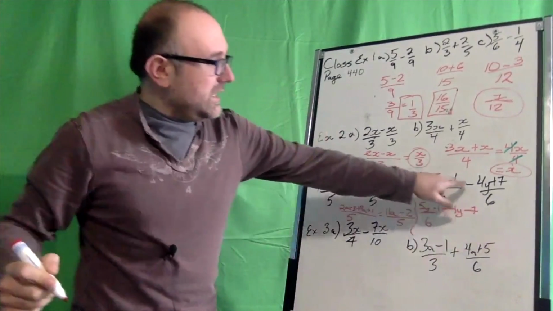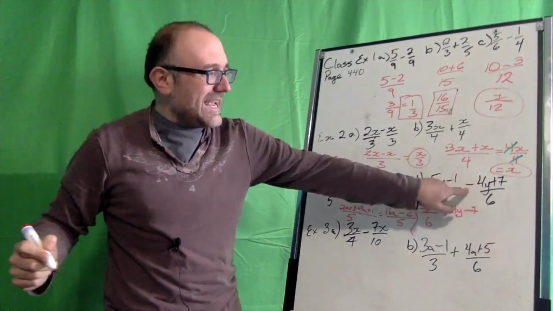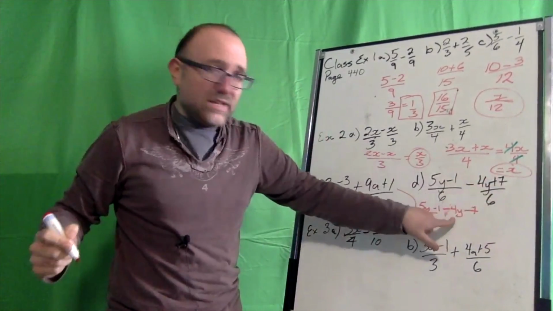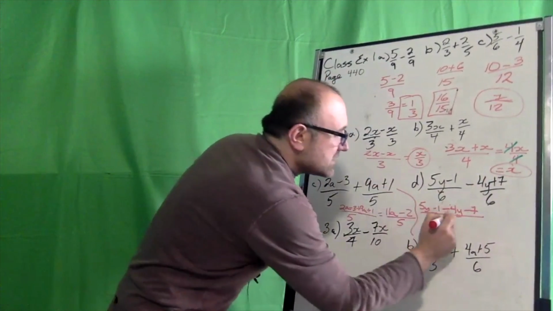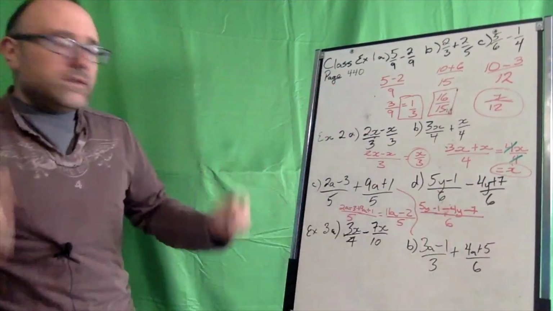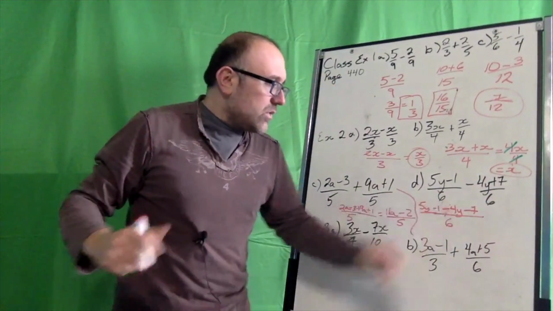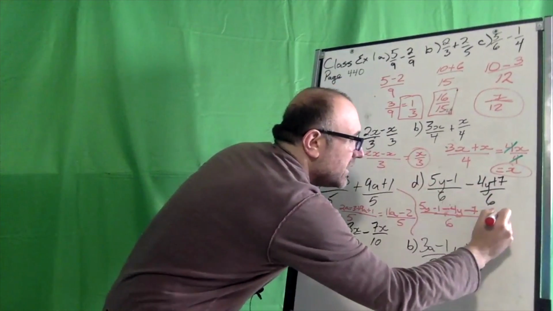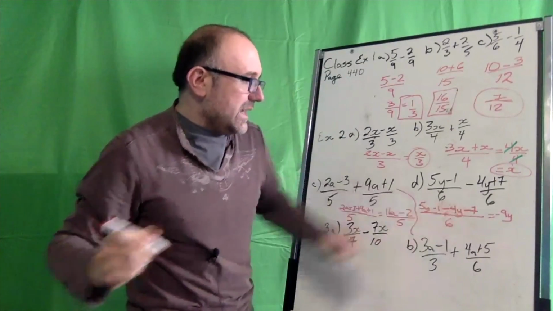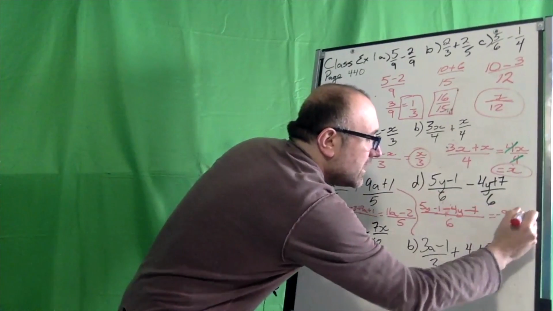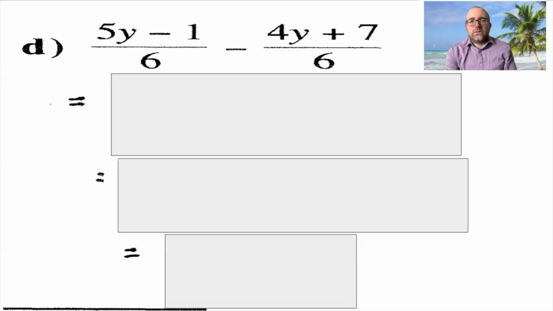So this is saying negative 1 times 4y, negative 1 times 7, hence the fact you get the following. That's all over 6. Let's move the 6 more in the middle, looks more neat. 5y minus 4y makes the negative 9y. And that leaves us with this negative 1 with negative 7, negative 8, all over 6. Can we simplify?